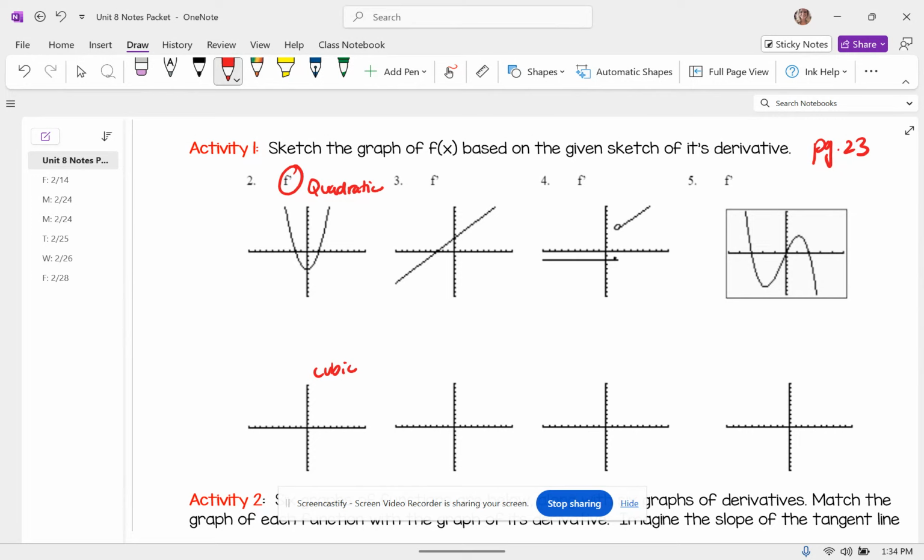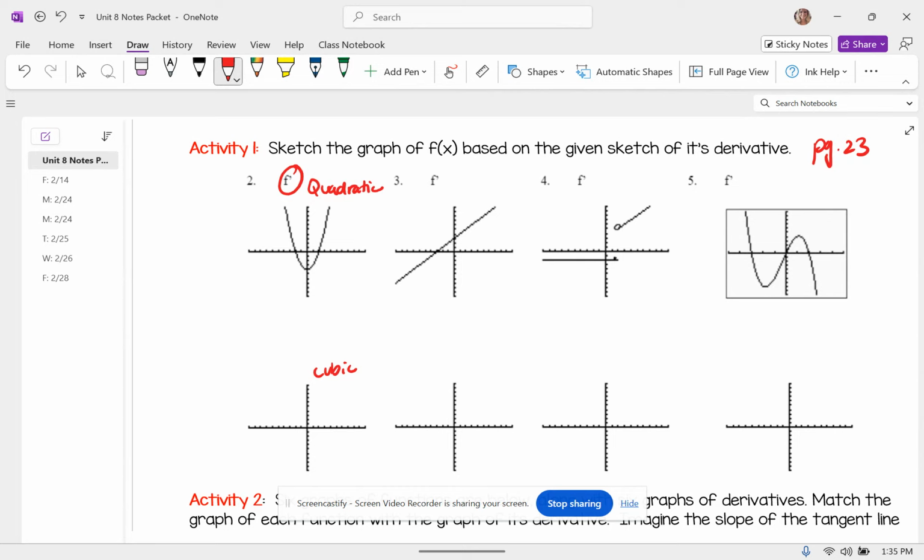Now, when we've been dealing with first derivatives in the past, what did we always draw to get information about the original? A number line. Okay, so let's think about what key information pieces are on the number line.